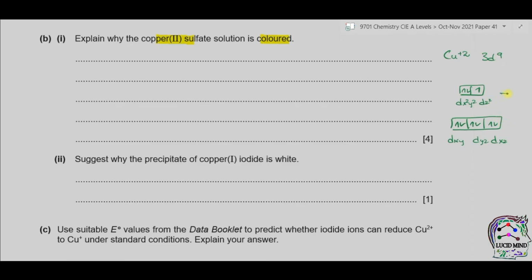And because of the difference in energy between these two split d orbitals, this electron requires energy to jump into the dz square, and then it will come back. And when it comes back, it will release energy in the form of color. So we can explain this: d orbital splitting occurs.